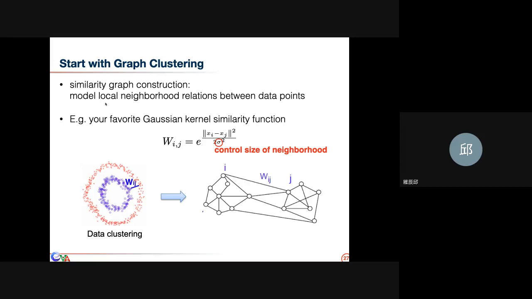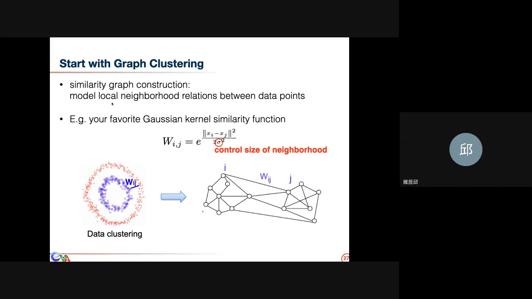If point xi has pretty strong similarity to another point xj, then if you draw out this similarity graph, very possibly xj is one of the neighbors of xi. So basically, this kind of similarity graph is trying to model the local neighborhood relations between the data points.